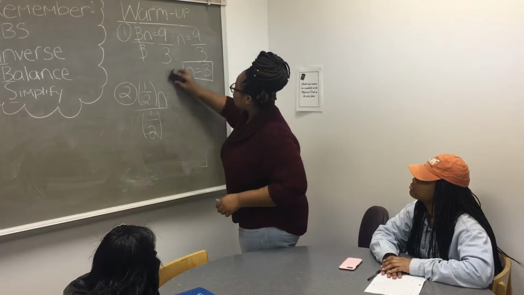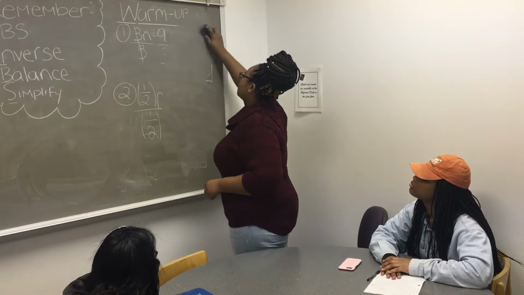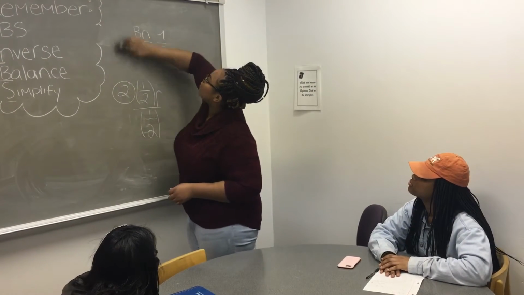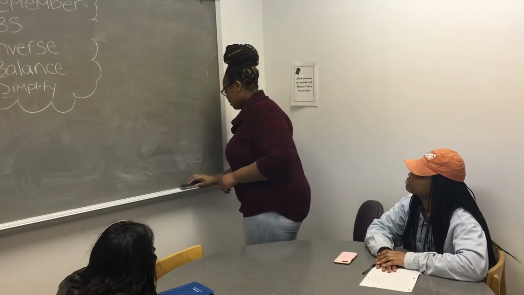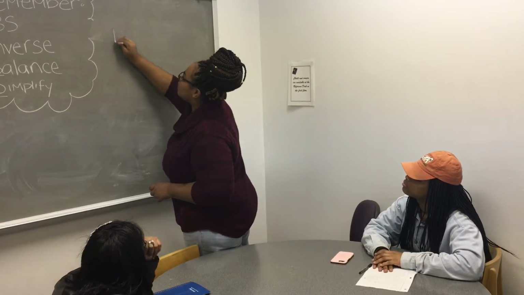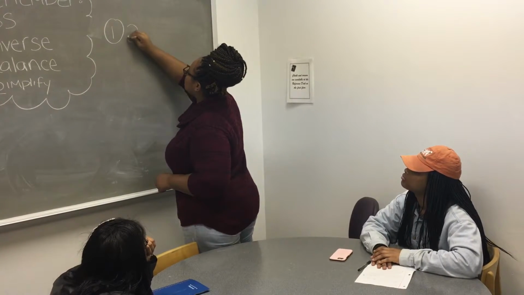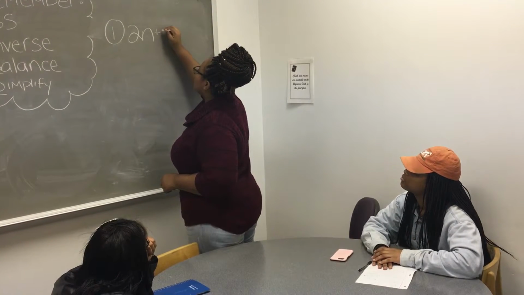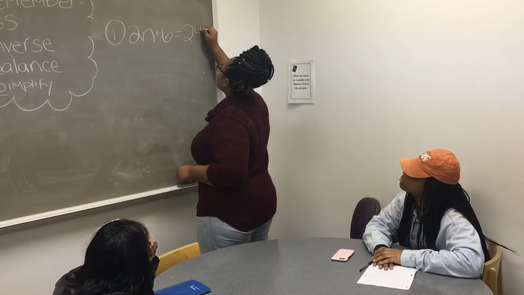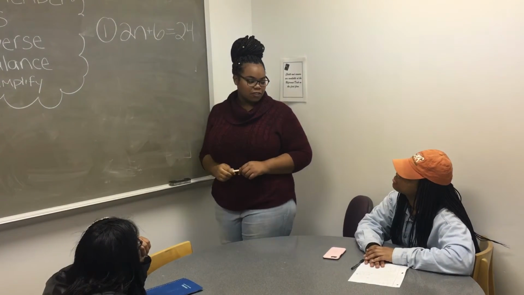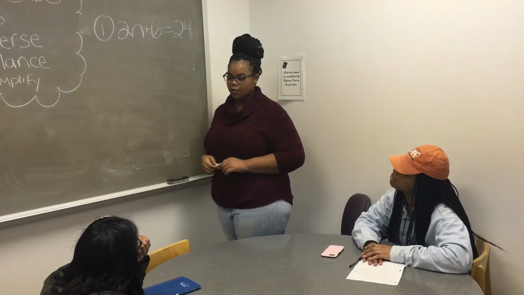Now we're going to move on to two-step equations, which is a little harder, but not really. So our first example is going to be 2n plus 6 equals 24. Does anyone know how many operations are involved in this equation?